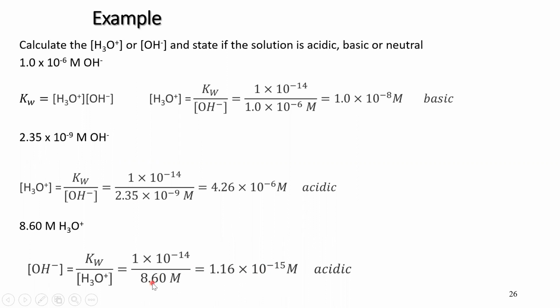The hydronium ion concentration is much bigger than the hydroxide ion concentration, and that's what makes it an acidic solution. So if you're given the hydronium ion concentration or the hydroxide ion concentration, and you're asked to solve for the other one, this is the equation you want to use. This is how you relate hydronium to hydroxide.